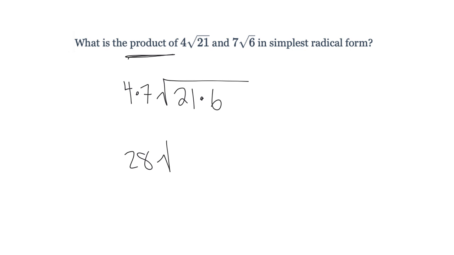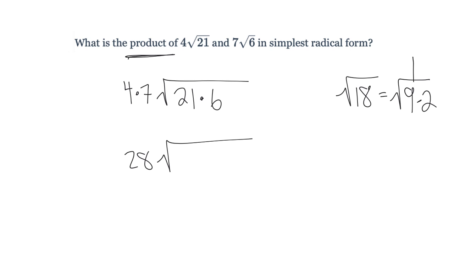But on the inside, the reason that we are not going to multiply these numbers together yet is because we need to simplify this by trying to find hidden squares on the inside. Here's what that means. If you have something like the square root of 18, that's actually going to be equal to the square root of 9 times 2, because 9 times 2 is 18.